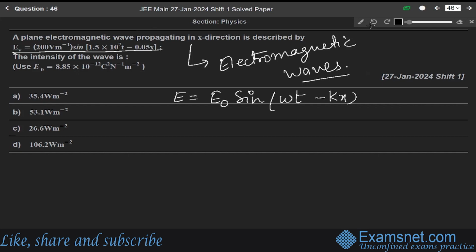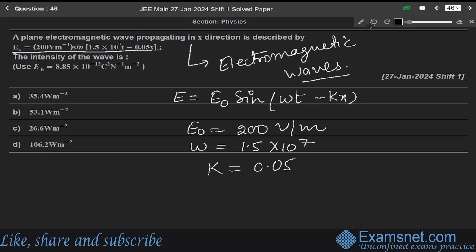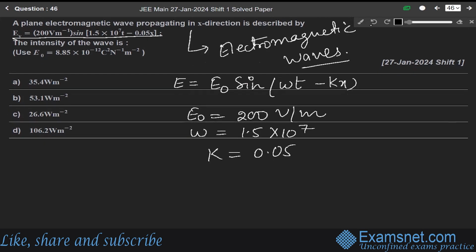Now comparing this equation with the given equation, E naught will be equal to 200 volt per meter. Omega will be equal to 1.5 into 10 to the power 7 and k will be equal to 0.05. Now, the question is asking about the intensity of the wave.